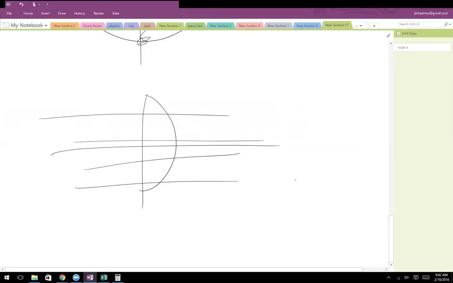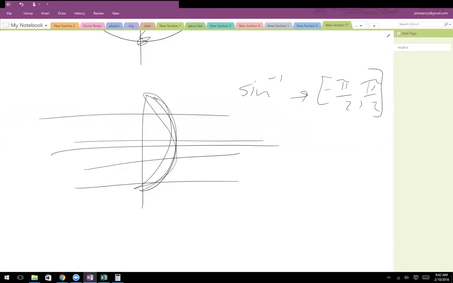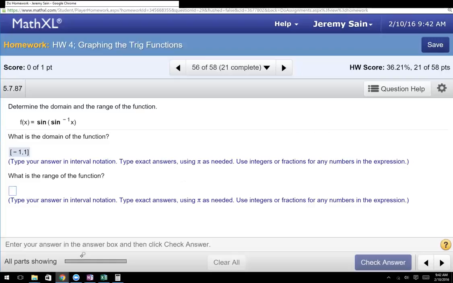So inverse sine always gives me a number somewhere between minus pi over 2 and pi over 2. But then after I do inverse sine, I'm supposed to take sine of that. So I take the y-coordinate of that, which gets me just back where I started. So the y-coordinate is going to wind up between negative 1 and 1. Boom.